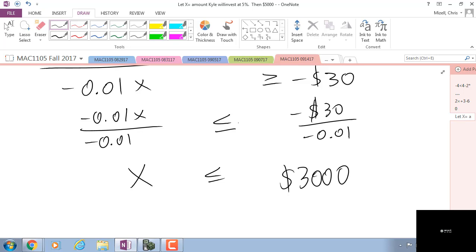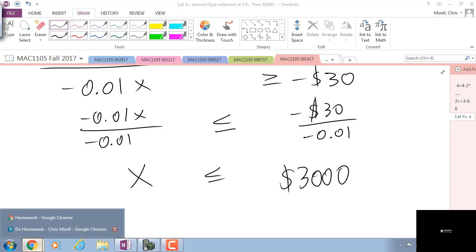Not going to make the $270 that he wants. But if he stays under $3,000 in the 5% account, that means enough will be invested in the 6% account to get him the $270 rather than just $250, which would be if he put the whole thing in the 5% account.